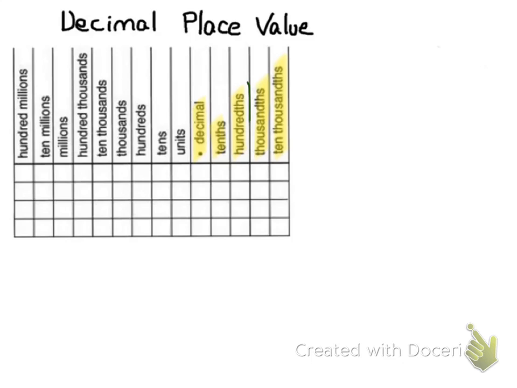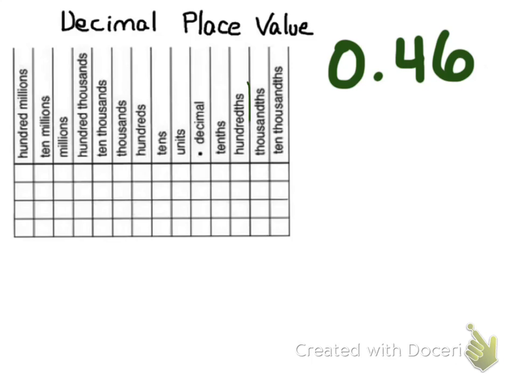So if I do my first decimal, let's say it the wrong way, that's fun, 0.46. The correct way to say this, when you're looking at your chart, you can fill this number in, 0.46. The biggest thing you need to look at is what is the last digit, what place value is that.